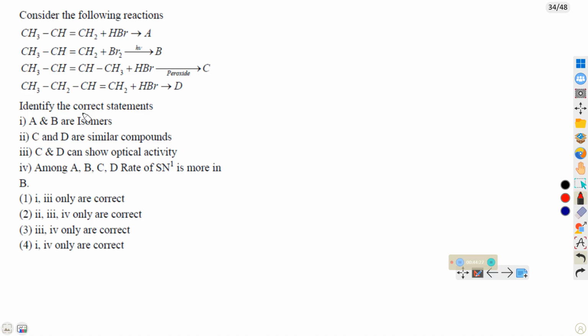Identify the correct statements. First, complete the reactions. Alkene with HBr follows Markovnikov's rule: add hydrogen from HBr to the unsaturated carbon which contains more hydrogens, giving CH3CHBrCH3.